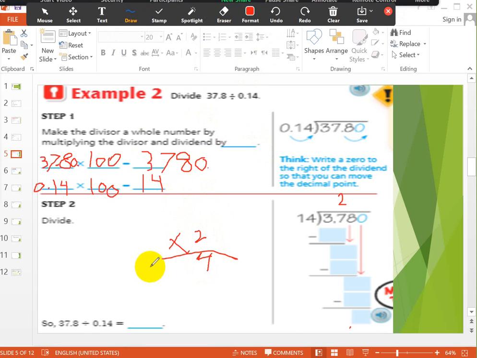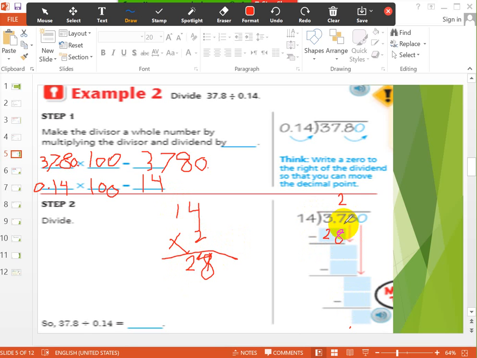I have to multiply 2 with 14, not with 37. So 2 multiply 4 equals 8, and 2 multiply 1 equals 2. So the answer is 28. I have to multiply the quotient with the divisor.